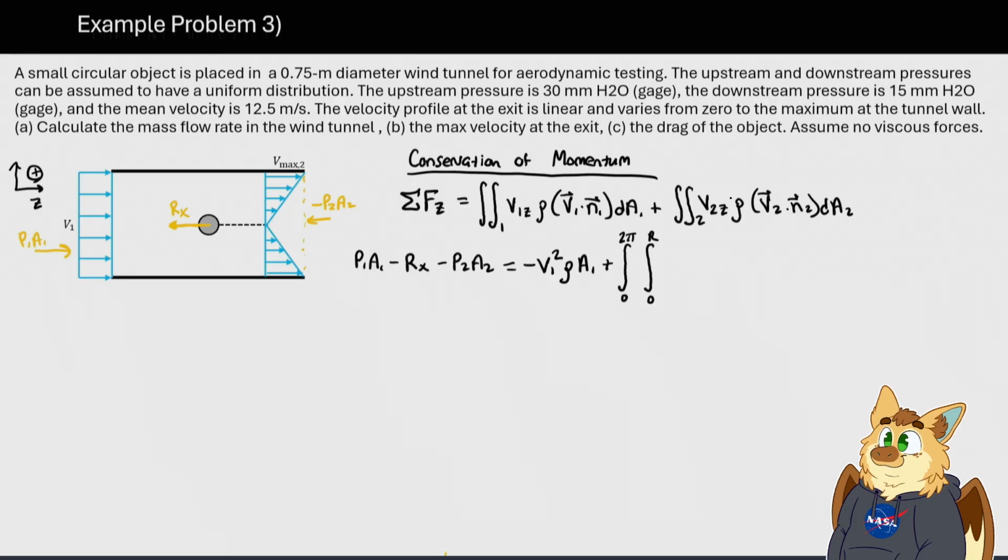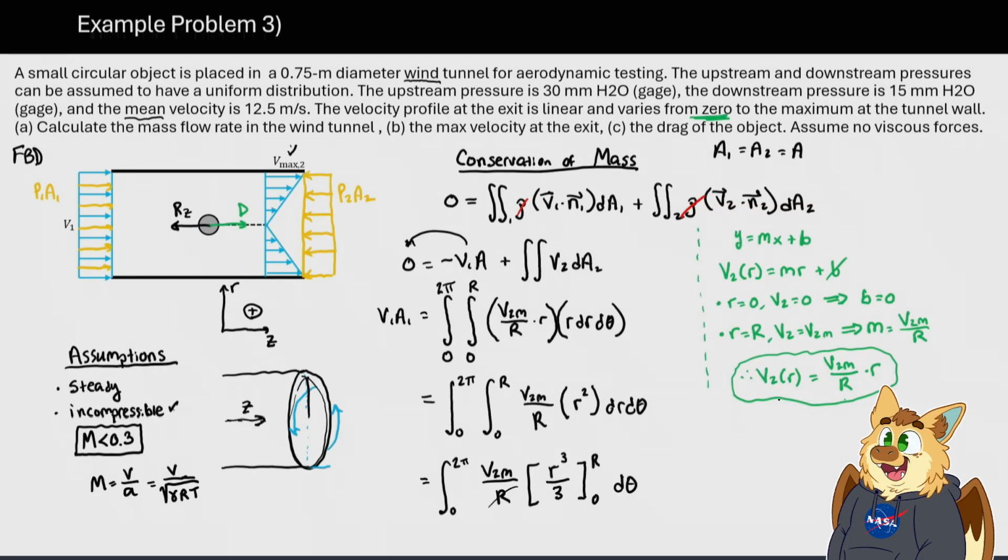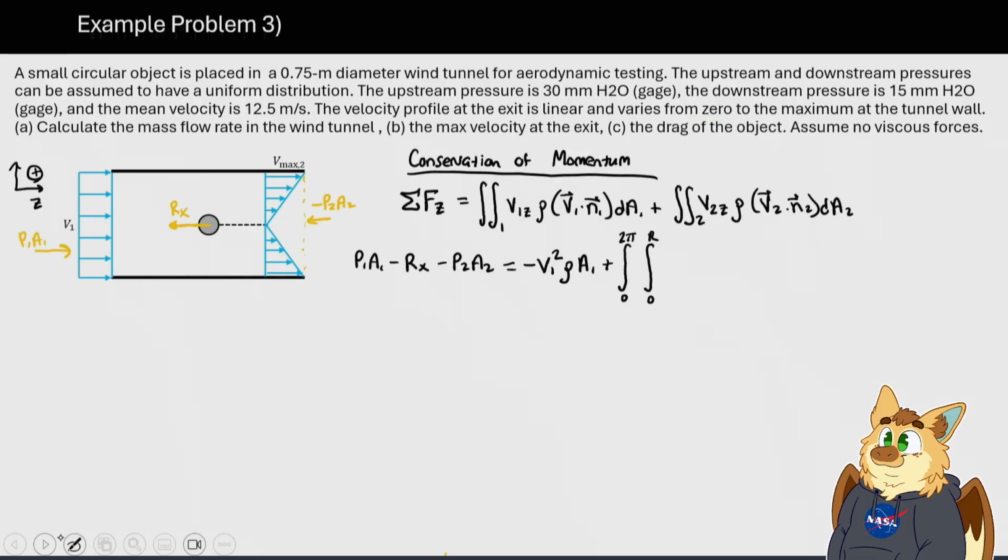So V2z is simply this equation here, V2 of r, which is V2 max over the radius times the little r, which we will write over here. This will be V2 max, all divided by the radius, times r.